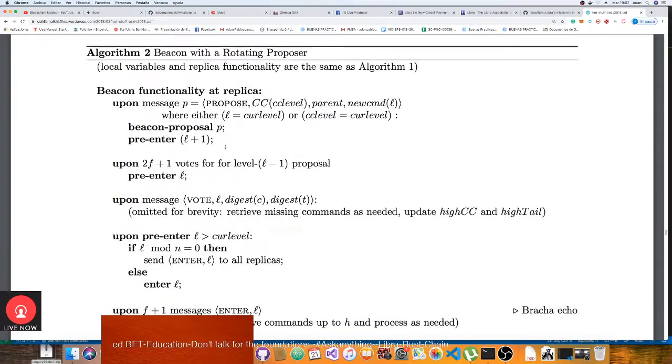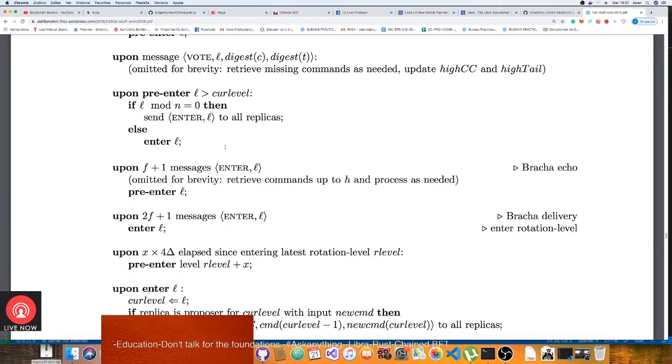So the algorithm is about this Bracha echo. That is a broadcast technique that Bracha researched a long time ago. He showed that this echo broadcast is used when a leader needs to change the view and spread correct messages, which the leader needs for this leader-based Byzantine fault tolerance.